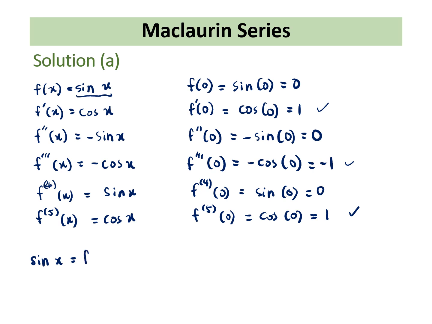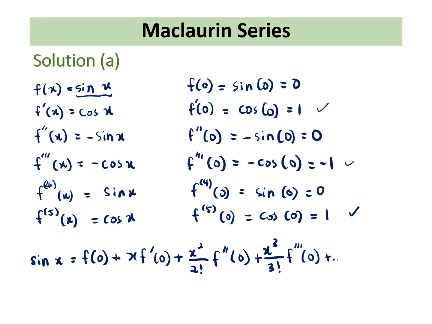So our Maclaurin series is equal to f(0) plus x times the first derivative at 0, plus x squared over 2 factorial, x cubed, up until x to the power of n over n factorial times the nth derivative at 0.